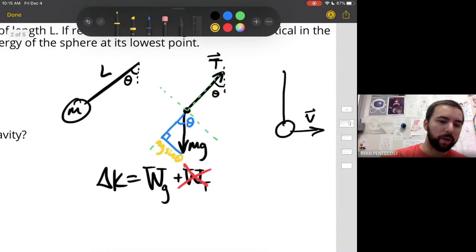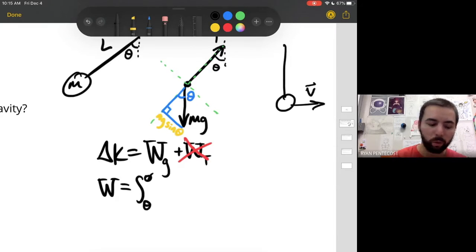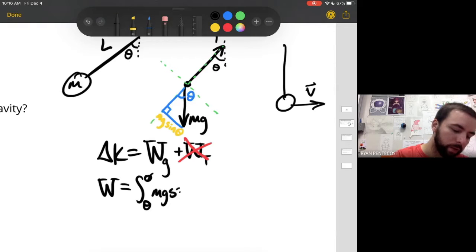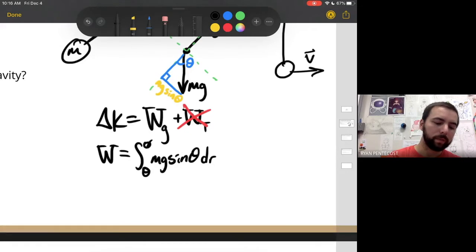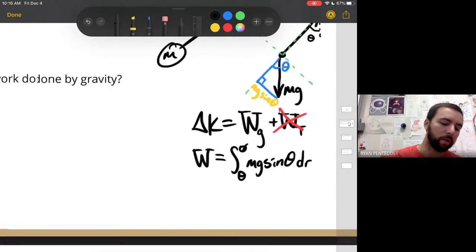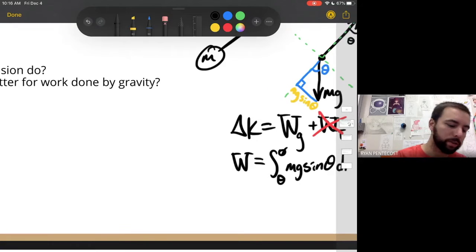So if we want to find the work done by mg sine theta, what we'll do is integrate from theta to 0, as it does that work swinging through its arc, of mg sine theta dr. And that's as it's swinging through the arc. Now, this part gets a little hairy. What does that dr do? Well, let's show you this real quick.